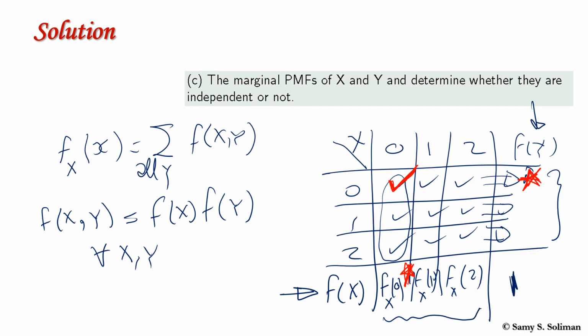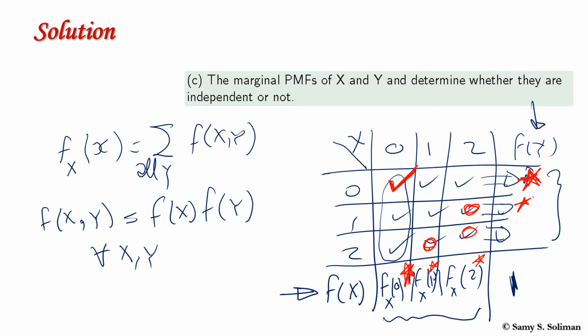However, once you find one pair of values that does not satisfy the condition, then you can tell that the random variables x and y are not independent. Of course, in this example, they will be dependent, because recall these cells here had probabilities equal to 0. However, this value is not equal to 0, and this value is not equal to 0.